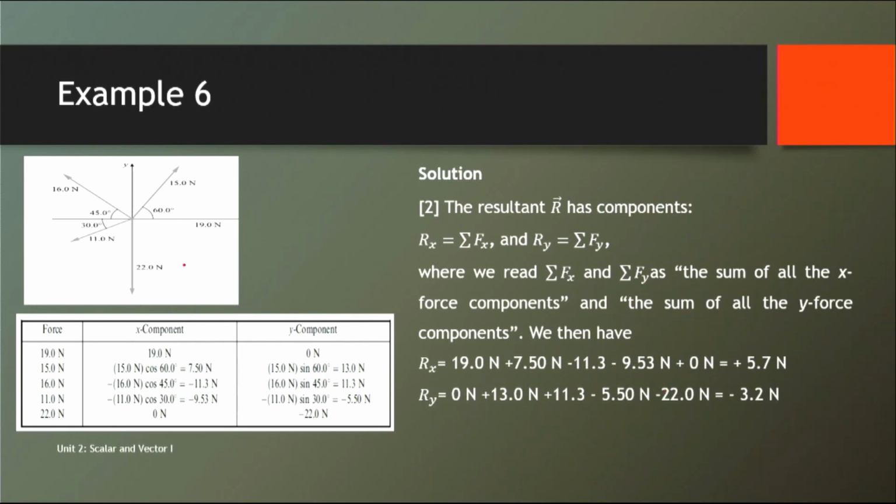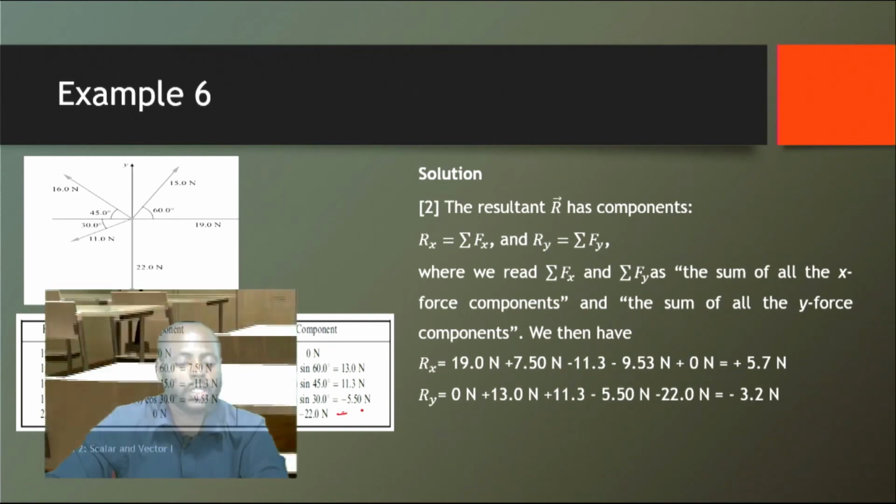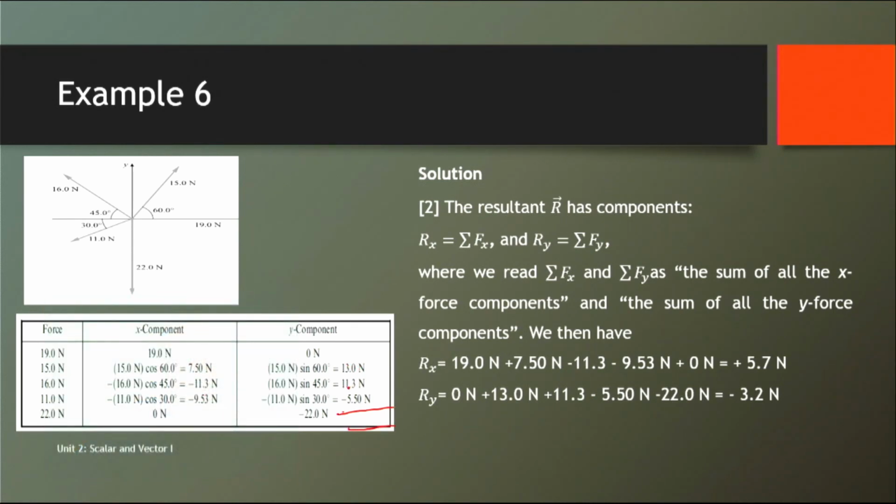If we continue, we can find the resultant by calculating the sum of these vector components along the x-axis and the sum of these vector components along the y-axis. If we sum all these together, we are going to obtain minus 3.2 newtons, and we call it our vector component Ry or Fy.